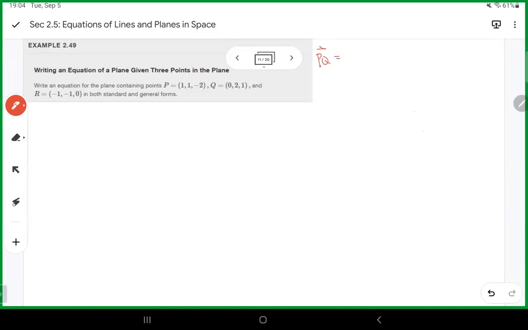So we have to find PQ first. So that's going to be 0 minus 1. And then 2 minus 1. And 1 minus a negative 2. So that gives us PQ as negative 1, 1, 3. And then we also have to find QR.